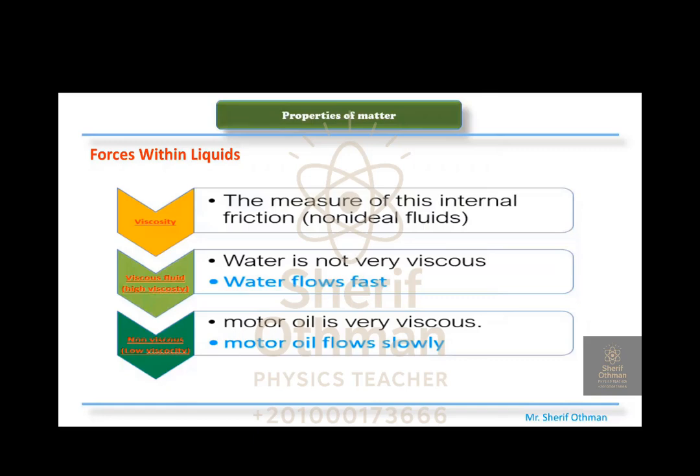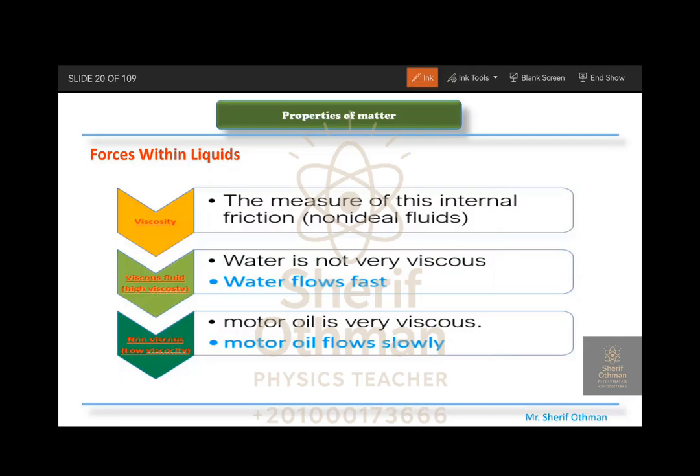Moving to another physical term, guys, which is called viscosity. What is viscosity? Viscosity is the measure of this internal friction. So viscosity is the ability of the particles of a medium to flow over each other.